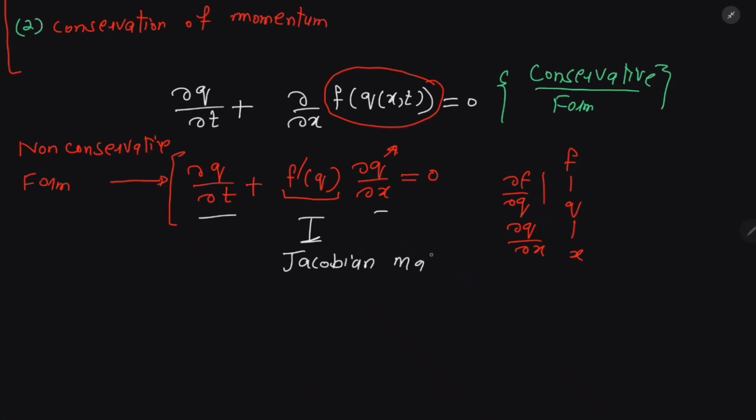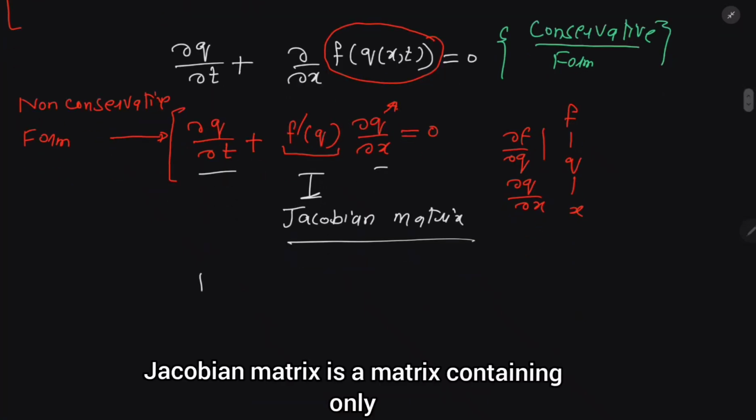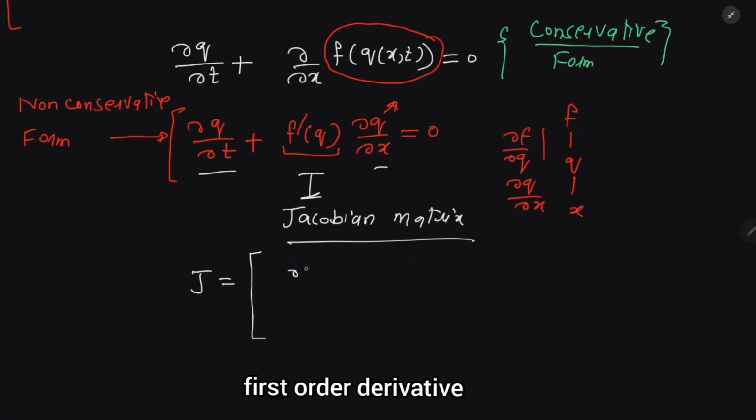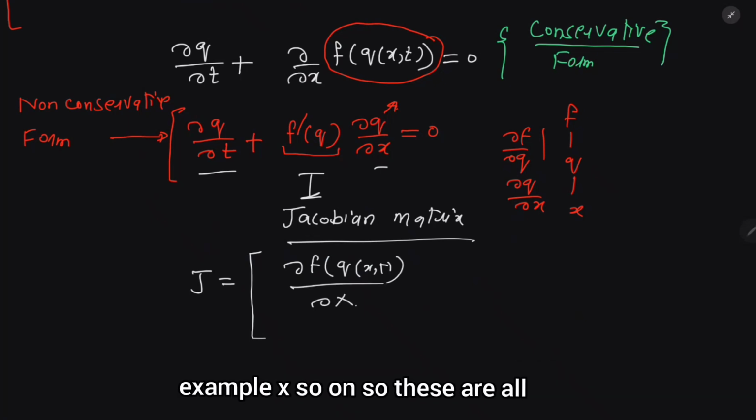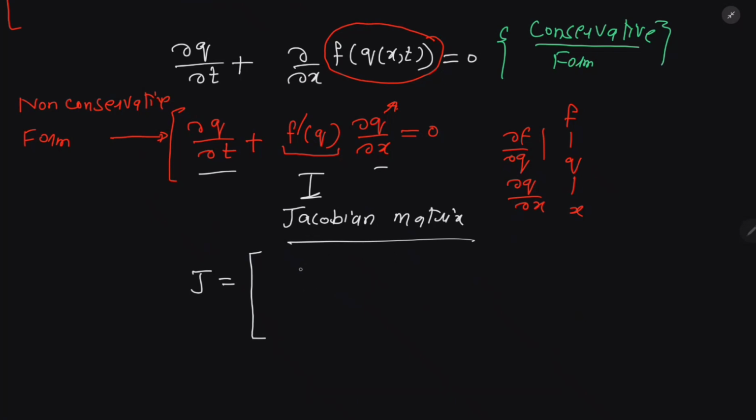What is a Jacobian matrix? A Jacobian matrix is a matrix containing only first order derivatives, partial f with respect to q, and with respect to some other variable, for example x, and so on.